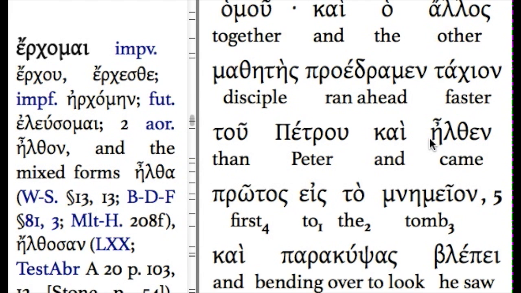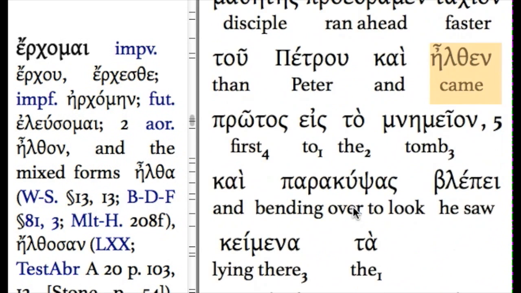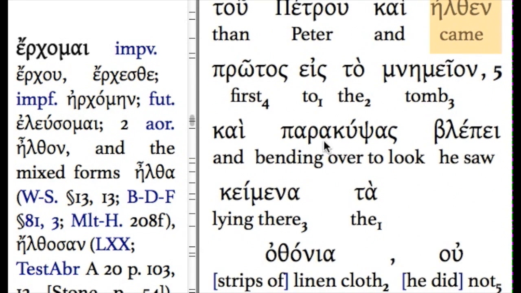It's that second aorist form of erchomai. So erchomai, when it goes into the past, doesn't use sigma alpha. It changes its stem and uses secondary endings. So this is third person singular, elthen. So Peter came first to the tomb, eis to mnemeion, kai parakupsas, a participle, blepei, from blepo, right?